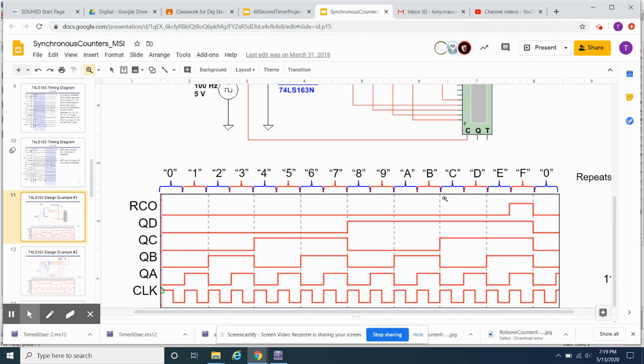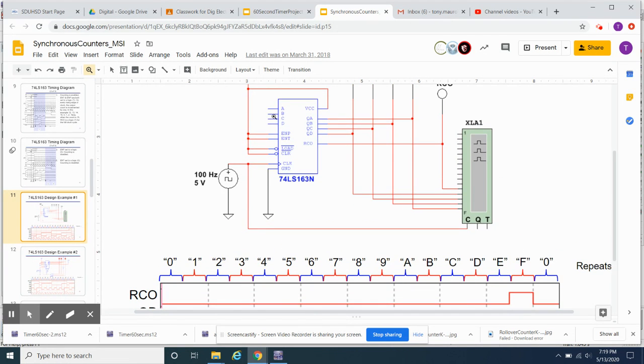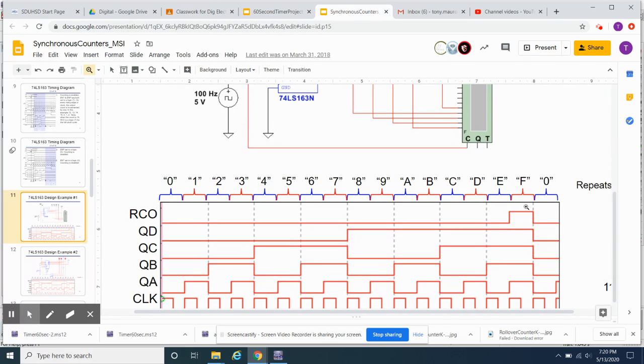And then what I need to do is set up my A through D inputs to be whatever I want it to load, to generate that count that is generating this RCO every n clocks, right? So if I wanted it to generate an RCO every 10 clocks, for example, I would take my F and subtract 10 from it.